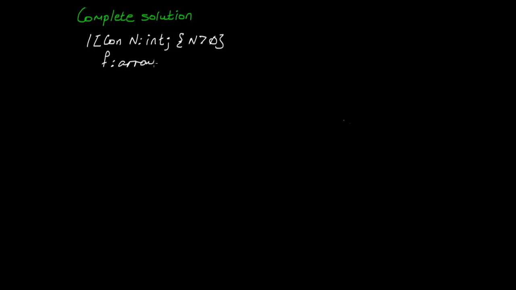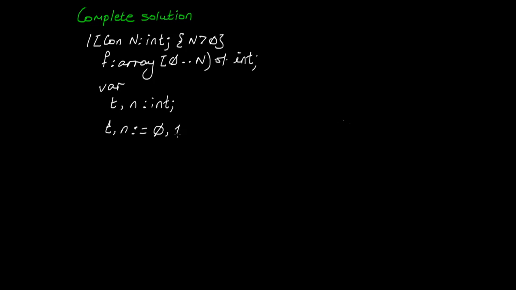So of course f is an array, 0 to n of int, and then we have our variables. Now remember, we did have t, but we've also now got an n, and they are of type int. We initialize those, so we say t comma n becomes equal to, well, t became equal to 0 and n became equal to 1.